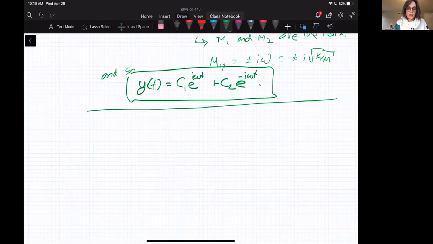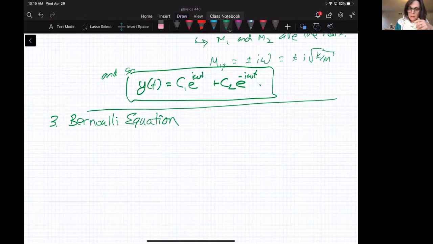The last special case before we start moving in the direction of series solutions is the Bernoulli equation. How many people have seen the Bernoulli equation?